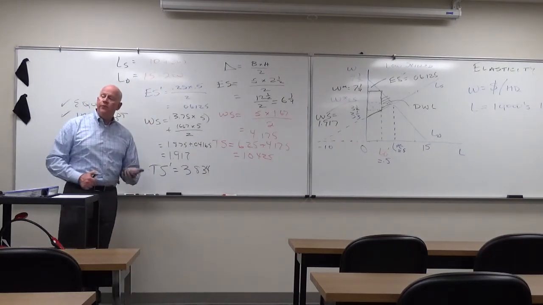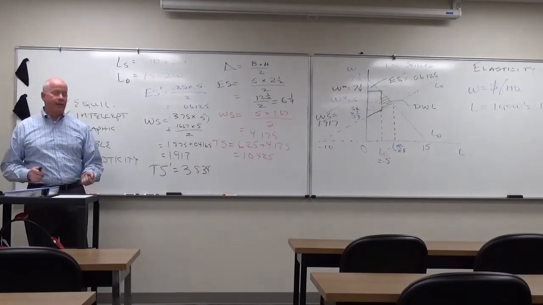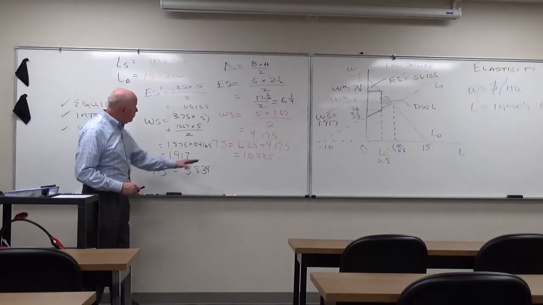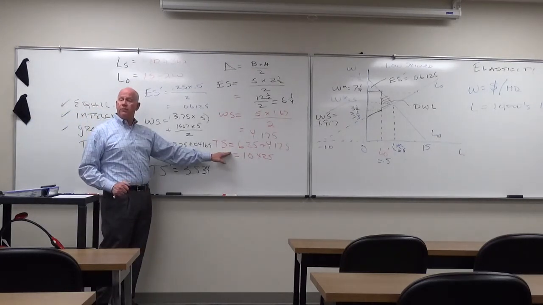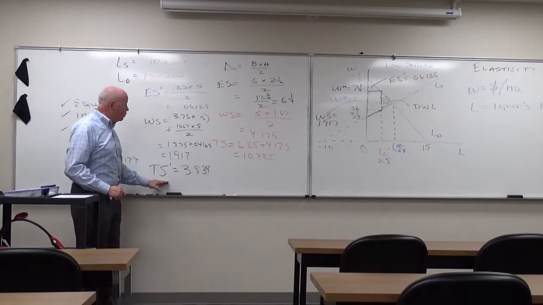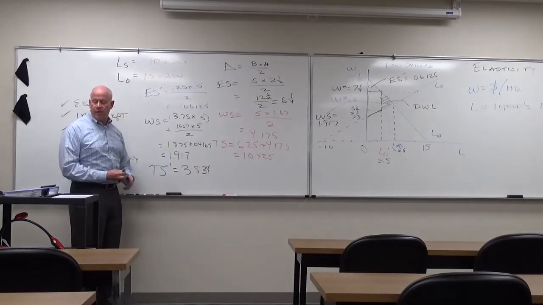And now we have two different ways of thinking about deadweight loss and how we can calculate it. Deadweight loss will be the difference between total surplus in equilibrium and total surplus with this exogenous change.